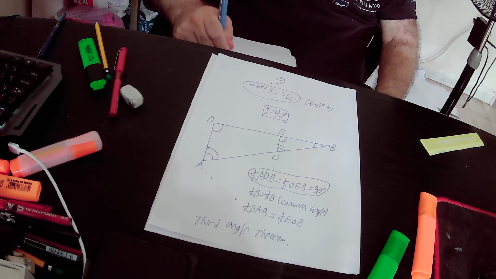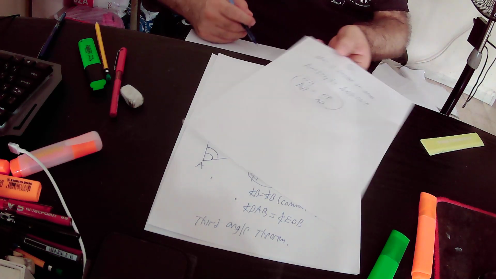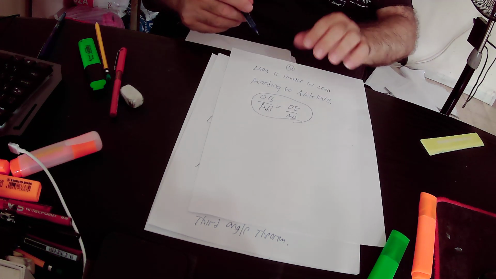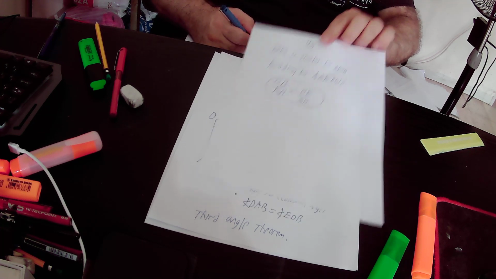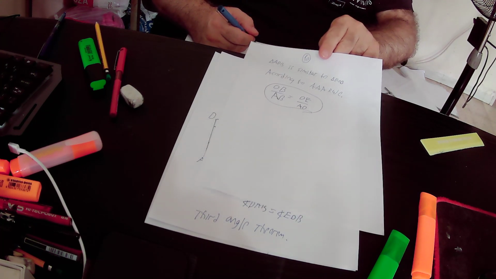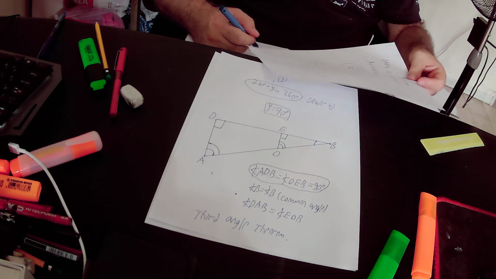Again, the following relationship exists between those two similar triangles: OB over AB equals OE over AD.